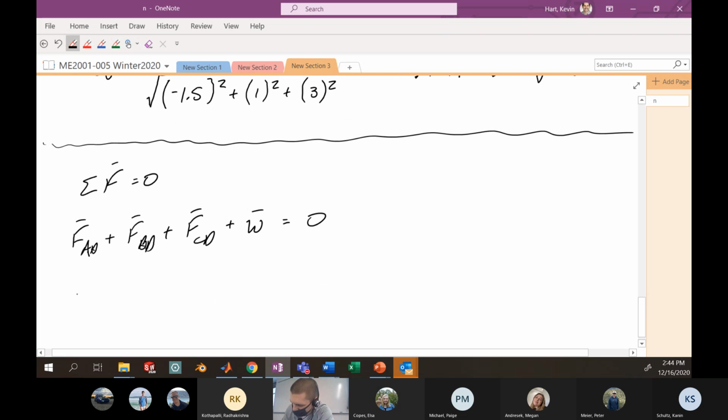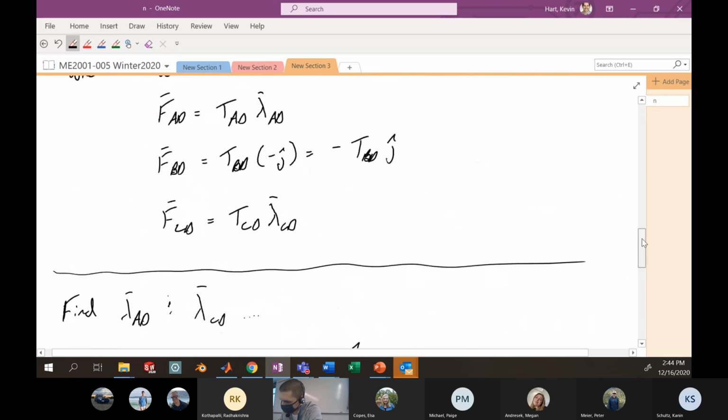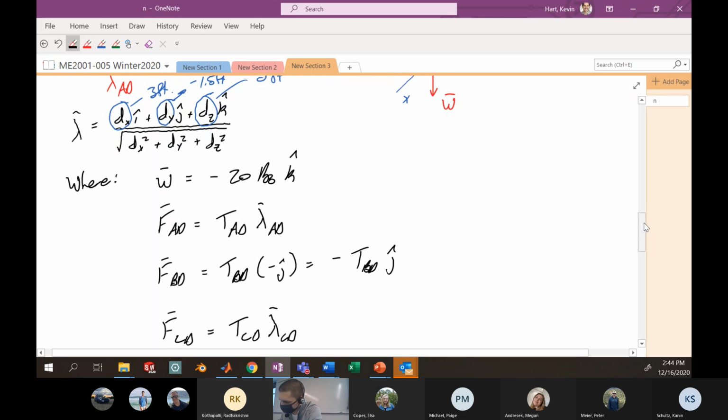If we write this in terms of the magnitudes and directions, TAD lambda AD plus TBD, I guess lambda BD, even though we know we're in the negative J direction.